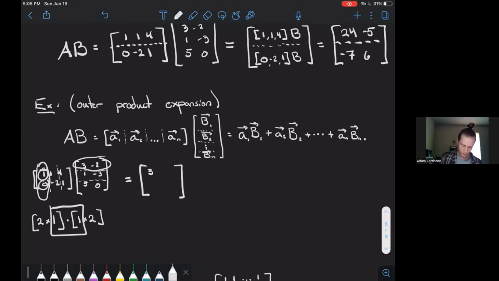Then the second entry of the column of A is 0, times 3 is 0. Then 1 times -2 is -2, and 0 times -2 is 0.